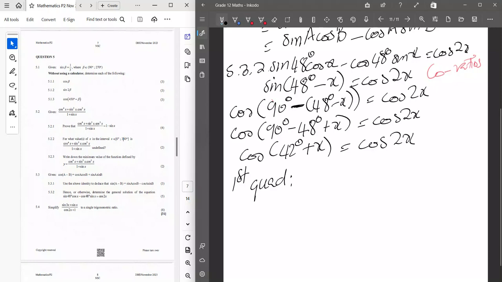Take this 2x like it's your reference angle, and this is whatever angle we're working with. So this then becomes 42 degrees plus x equals, in the first quadrant, you just take the reference angle as is, plus, because it's cosine, 360 degrees k, where k is an element of the integers.